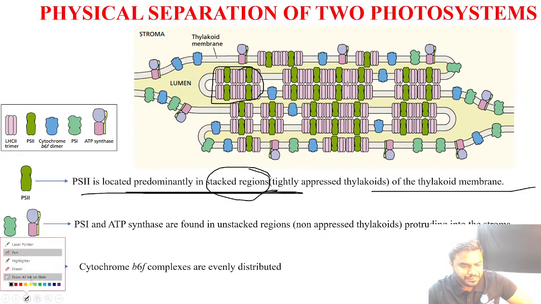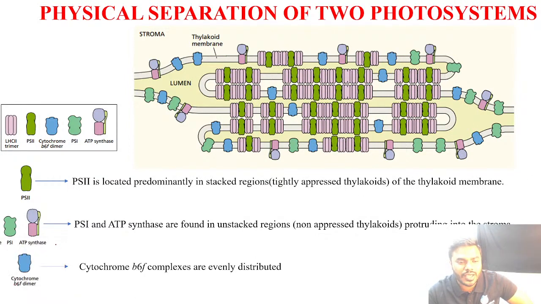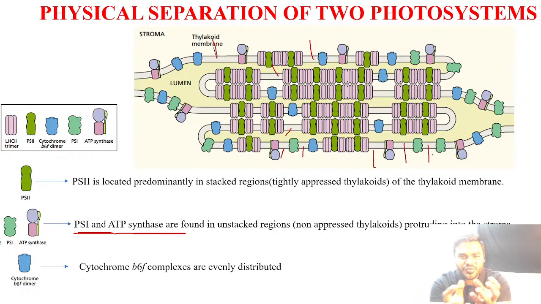But friends, if you look into PS1 and ATP synthase, where are they found? Only look into the picture. You tell me, friends, do you think here the thylakoids are tightly attached? Not at all. Thylakoids are freely arranged. What do you call it? That as unstacked regions.